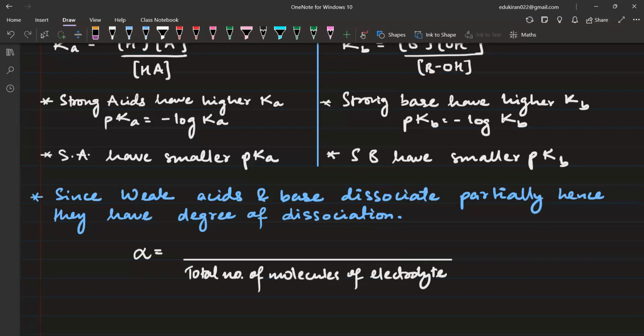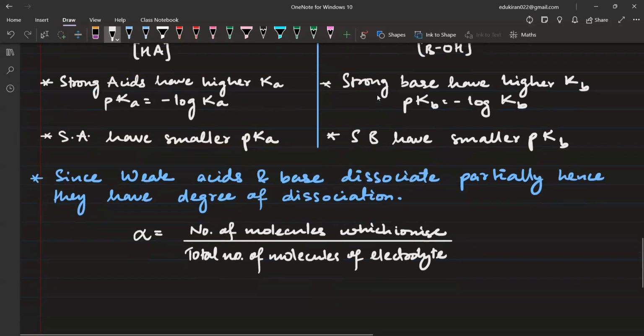For example 100 molecules हमने लिया है, उसमें से 50 are getting dissociated. And तो numerator में क्या होगा? How many molecules are getting dissociated or getting ionized? So we'll write number of molecules which ionize.